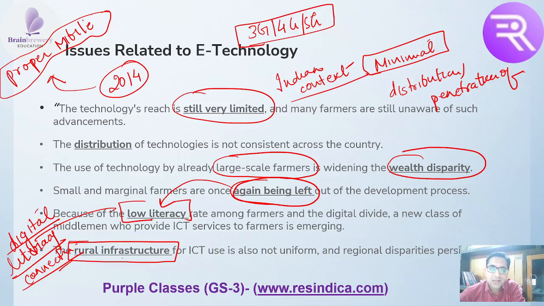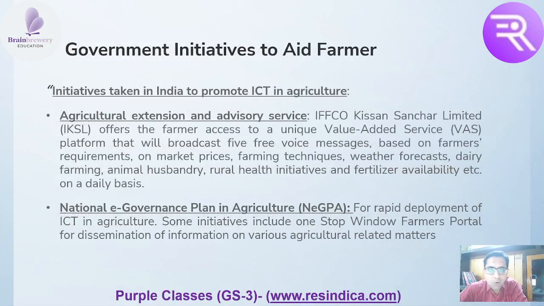This information, communication, and technology infrastructure is not uniform throughout our country. At some places it is highly dense, and at some places we do not even find proper mobile connections, so there are regional disparities. All these things have to be tackled in order to take the full advantage of the e-technologies. Now, what are the government initiatives to aid the farmers?